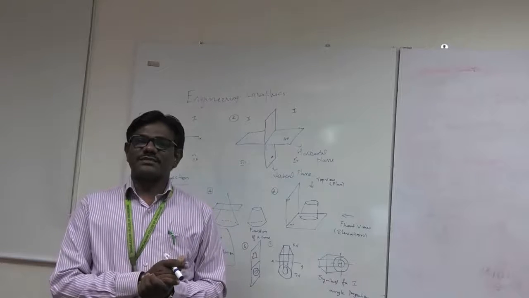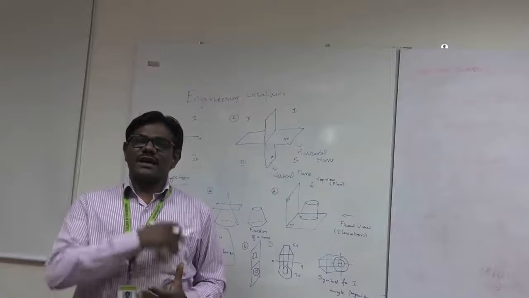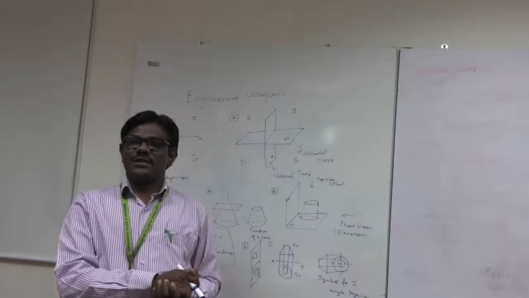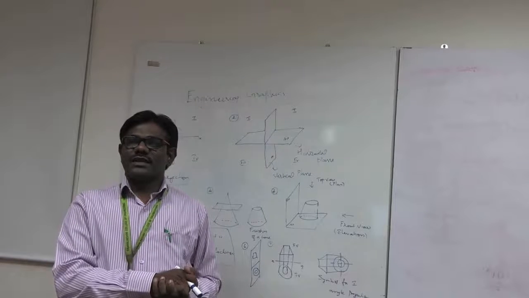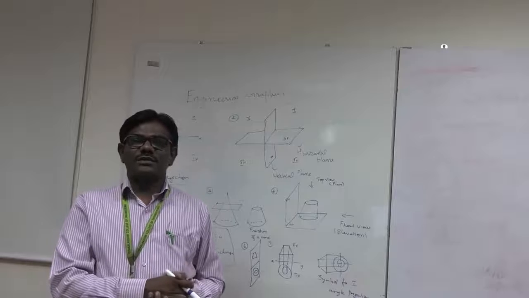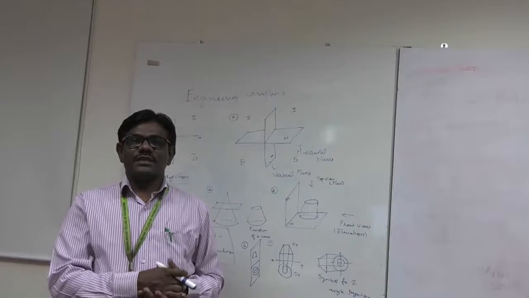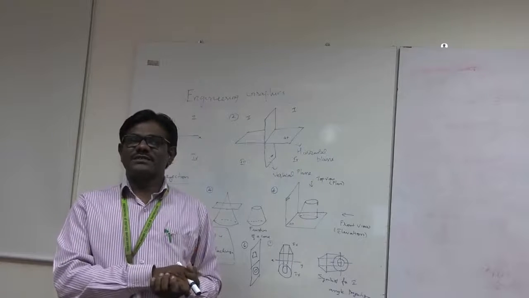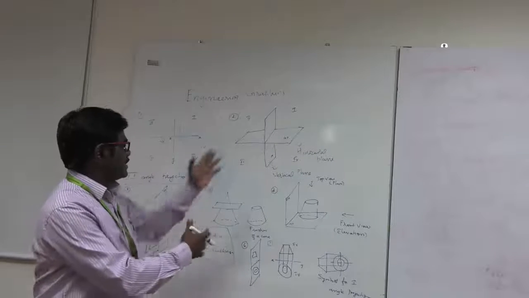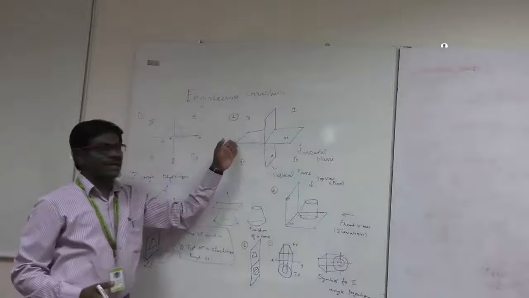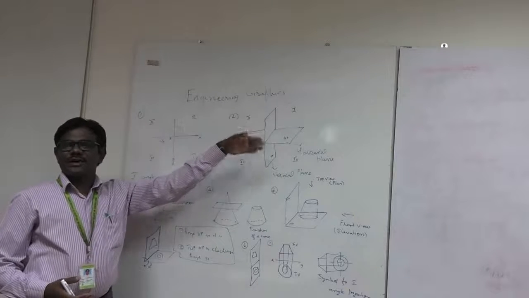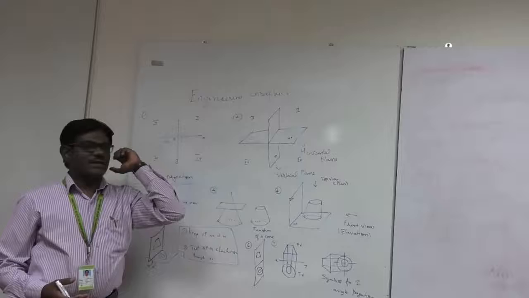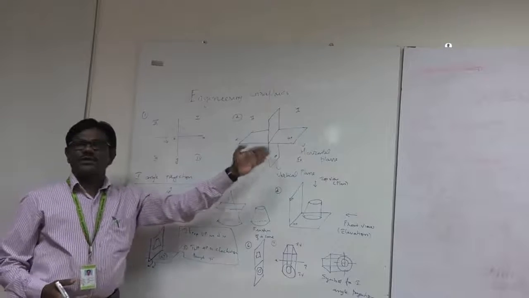I'll ask two questions. Whether all the four angles are possible, or any one or any two are possible. Suppose if all the four are possible, please try it. You do like what I did here. You take the plane separately for second angle, keep the frustum there, and try to get the symbol for second angle, and third angle, and similarly fourth angle.